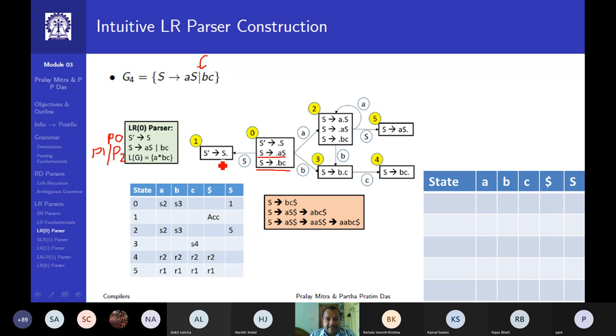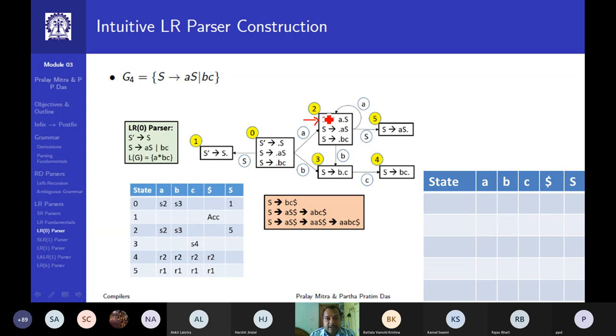Now standing at state 0, if I see A, then I will shift the dot from the left hand side of A to the right hand side of A, and my item will be S derives A dot S. Now you see the dot is on the left hand side of the non-terminal S. That's why both the production rules which involve derivation of S are also available, S derives dot AS, S derives dot BC.